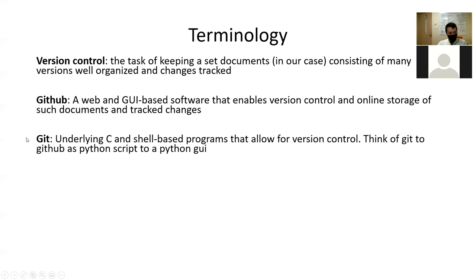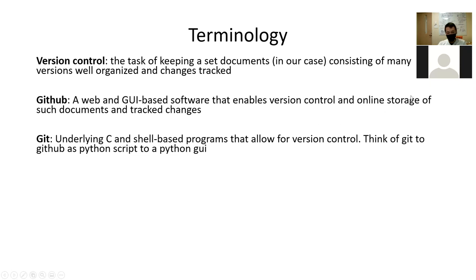You might be wondering, what is the difference between GitHub and Git? You might have heard Git as well. So Git is the underlying C programming language, shell-based programs that are essentially the guts underlying GitHub that allow for the version control.